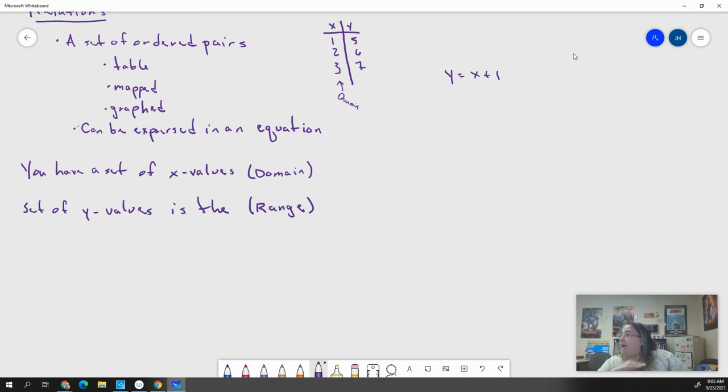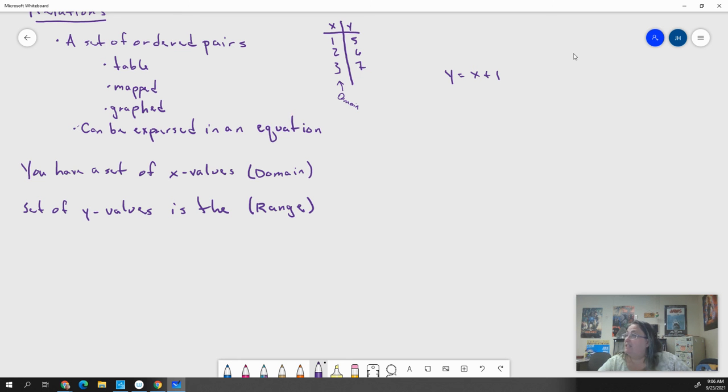I can input absolutely any number I want for X. There's no limits to it because it's X plus 1. I can add anything I want to 1, and I'd still get a Y output.